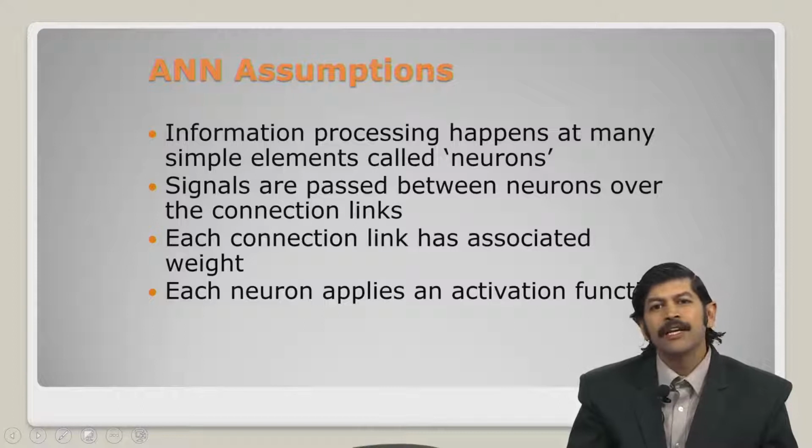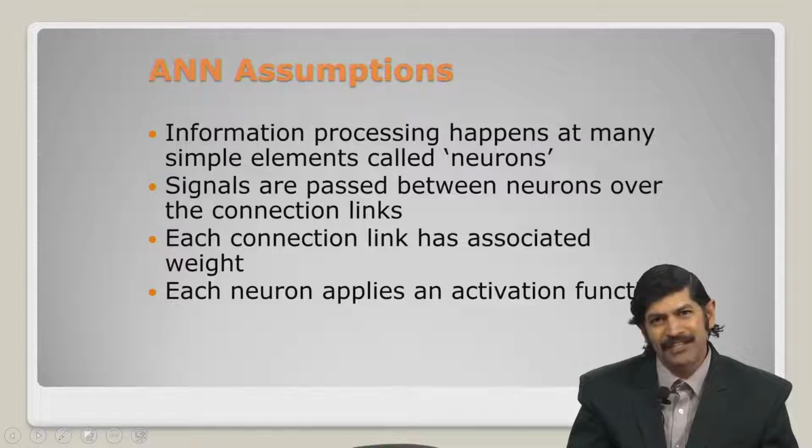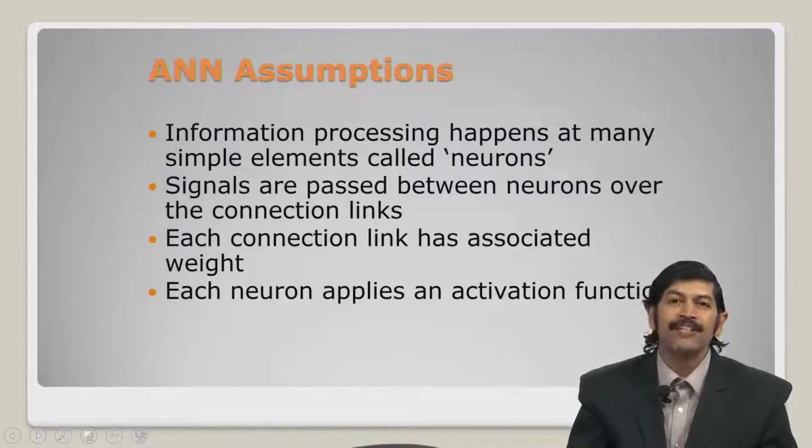The signal is typically passed between two neurons over connection links, and that is where they will be able to form a network, and each connection link has a weight associated with it, like I mentioned. In fact, machine learning is all about deciding upon those values of the weights, and we are going to see that through a few examples.